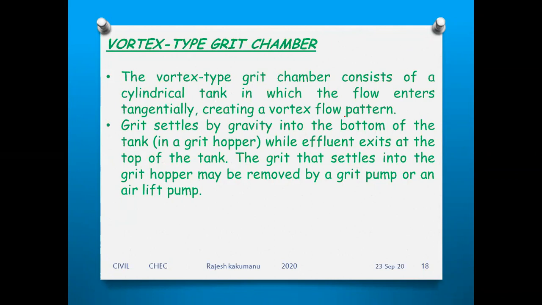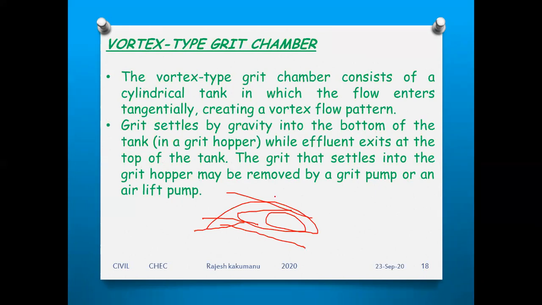By the name itself, it is a cylindrical tank. Same like the aerated grit tank, it is having a tank in which the flow enters tangentially creating a vortex flow pattern. Whether it is horizontal or vertical, the flow should be tangential to the cylinder, then only you are getting the vortex flow.